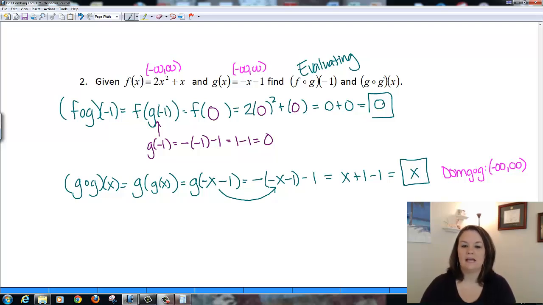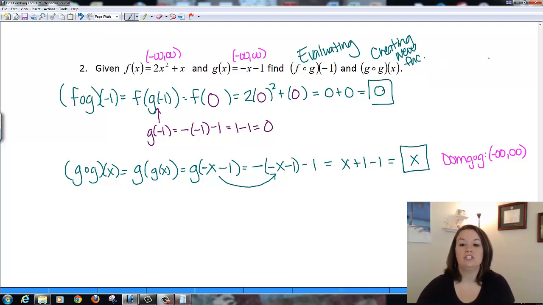Okay. The second one, I'm composing g with itself, which is completely legal. And notice it's evaluated at x. So this means I'm coming up with a new function. Okay. Creating new function. So when I compose g with itself, notice my domain is negative infinity to infinity. So I'm taking my g function, which is negative x minus 1, and plugging it back into the g function.